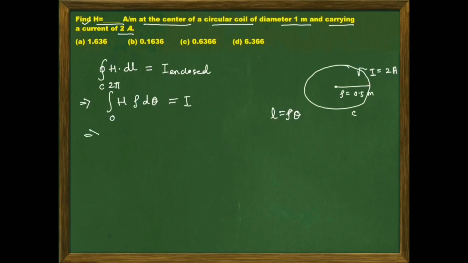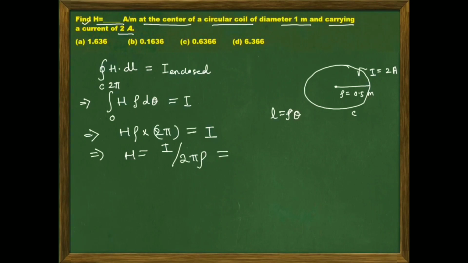And here is the current I enclosed. Let's say this is I, and from that we get H rho into 2 pi equal to I. Now H equals I by 2 pi rho.